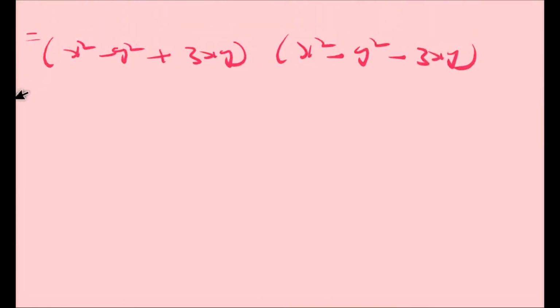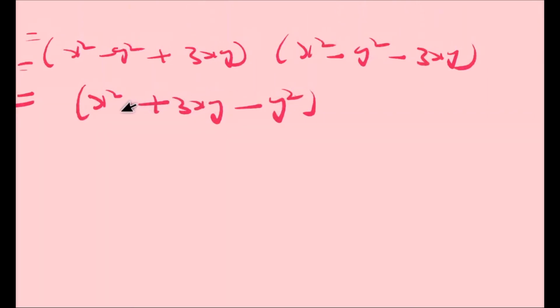And again we have to write this in quadratic form, x square, then plus 3xy, then minus y square. Power of x is 2, power of x is 1, and power of x is 0, and power of y is 2, power of y is 1, power of y is 0. It is quadratic. And again here we write it similarly, x square minus 3xy minus y square.